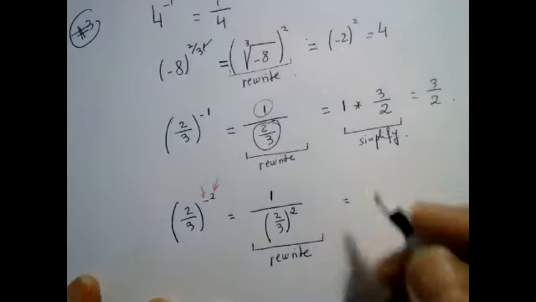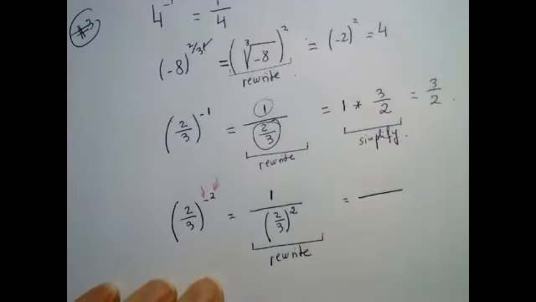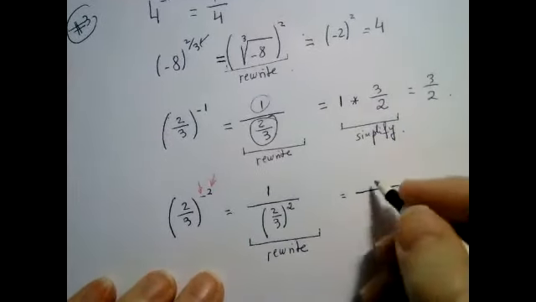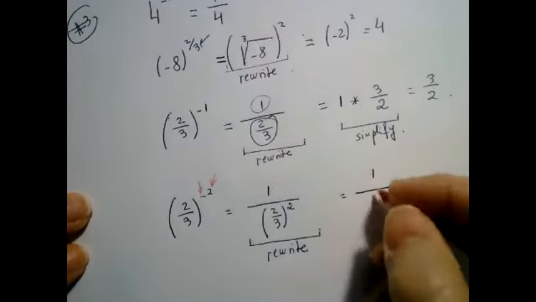So, Nick, would you like to talk? Yeah. Okay, tell me what you did. So I don't know what order you did this in, but you could do the exponent first, I guess. So you could do 2 to the second power, which would be 4, and then 3 to the second power, which is 9. Very good.